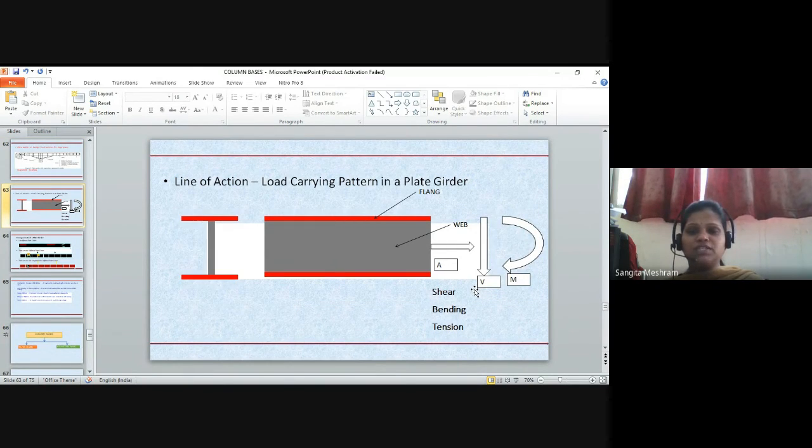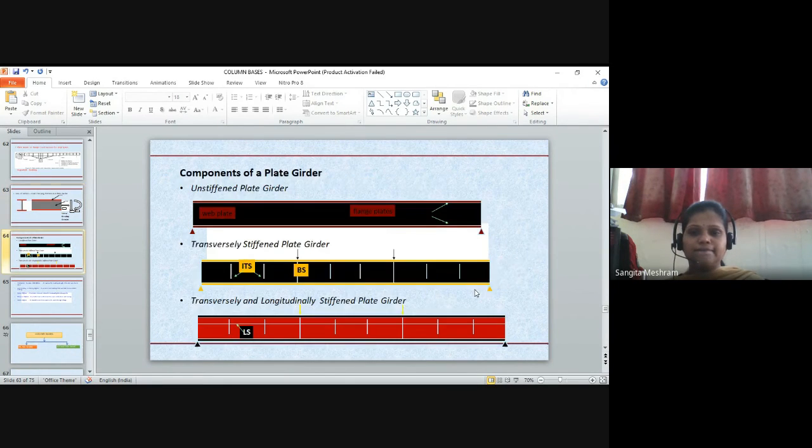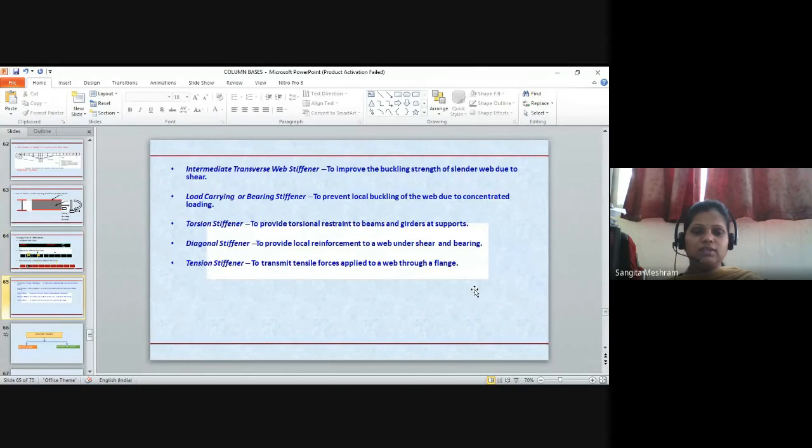This is the line of action, the load carrying pattern in the plate girder. These are the components: web, flange plate, web plate, or stiffeners we can provide. So these are some members or types we can provide.